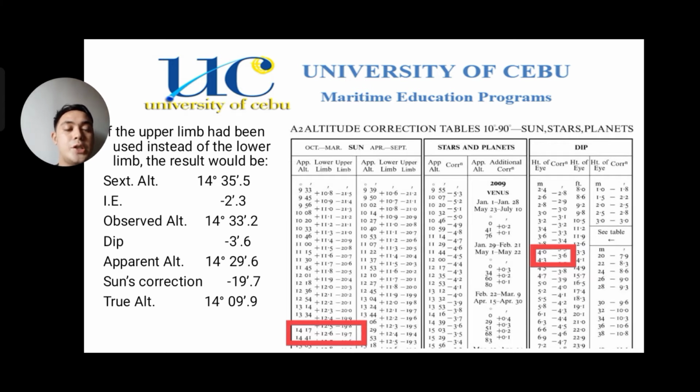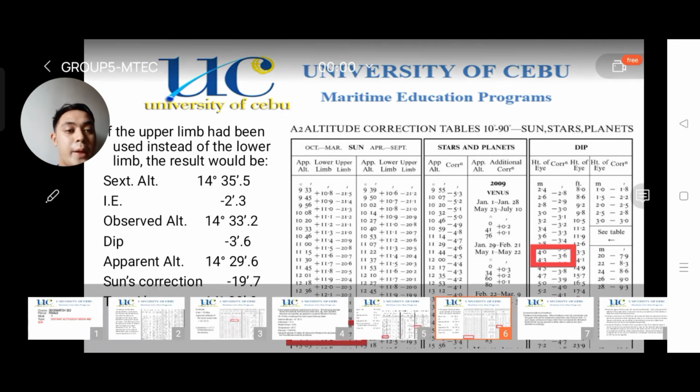Then our observed altitude is 14 degrees 33 minutes point 2. Our dip is negative 3 minutes point 6. Then our apparent altitude is 14 degrees 29 minutes point 6. Our sun's correction is negative 19 minutes point 7. Then our true altitude is 14 degrees 9 minutes point 9.